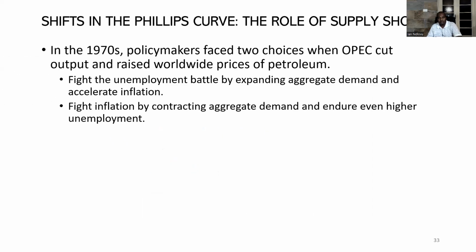So we know there was a very serious shock associated with crude oil as well when OPEC decided to cut production in order to raise worldwide prices to improve the economic conditions or the revenues of countries that form this cartel called the Organization of Petroleum Exporting Countries.